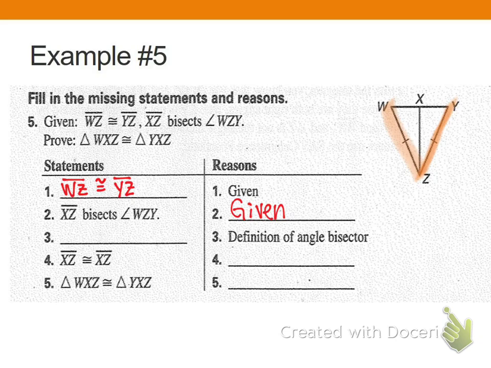XYZ and ZYX would be the same thing. Do we see the angle I traced over? That's the angle that's getting split into 2 little angles. So what are those 2 little angles?